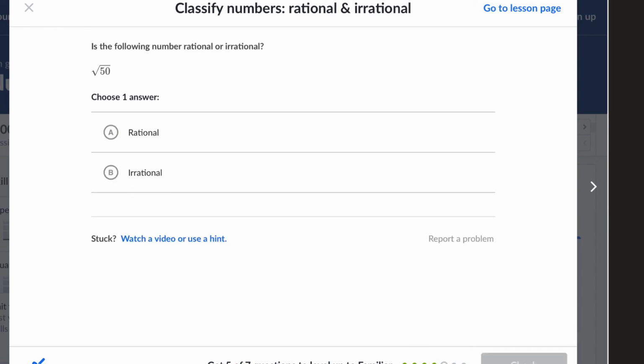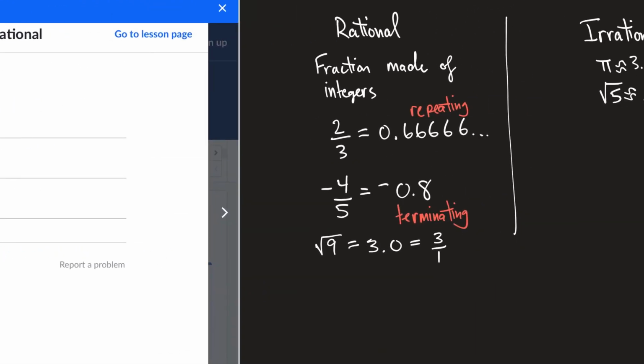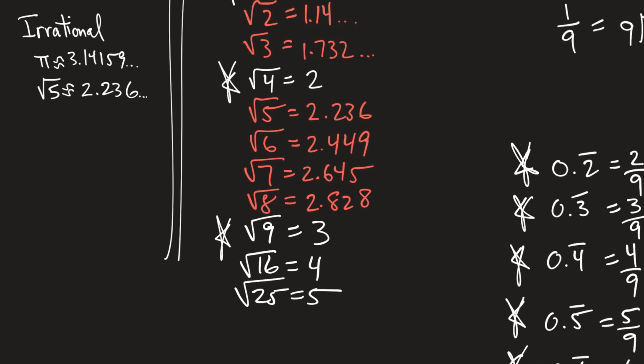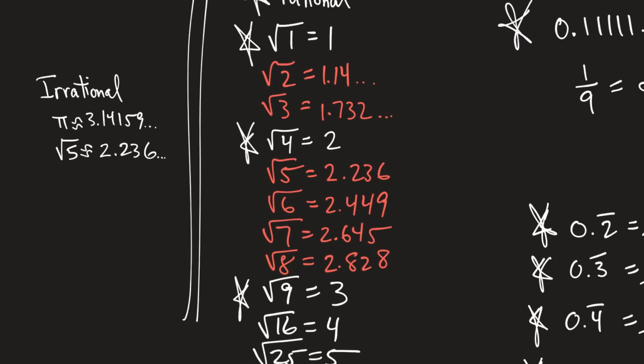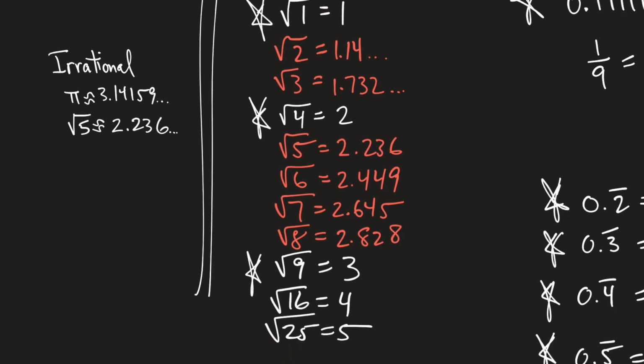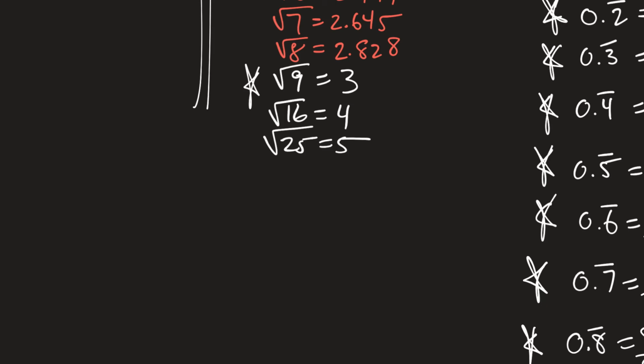Oh, the square root of 50. Well, I talked about square roots over here. Let me erase this here. I talked about square roots, and I mentioned that the square roots have to be perfect squares. If you remember, the white ones are the perfect squares. So if I continue this list down here, what are the other perfect squares? The next ones are the square root of 36, that's 6, the square root of 49, which is 7, and the square root of 64 is 8.